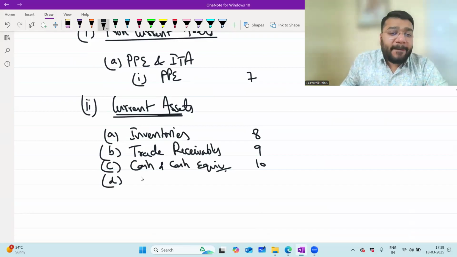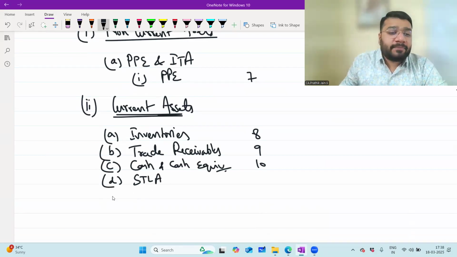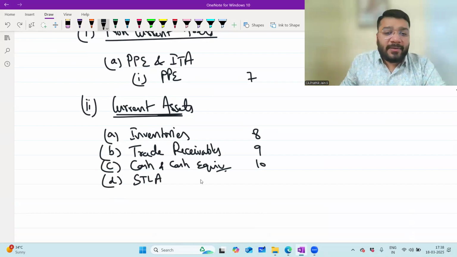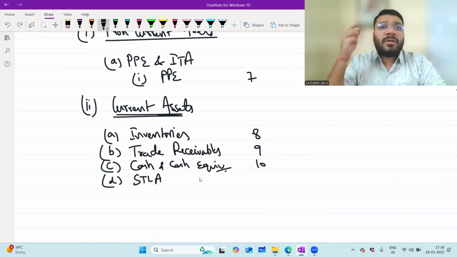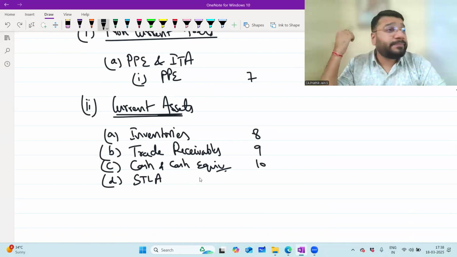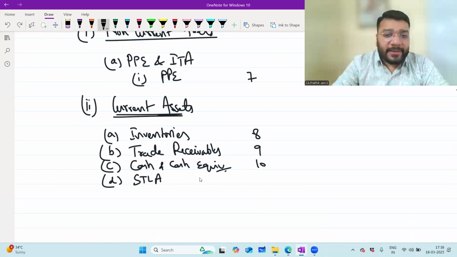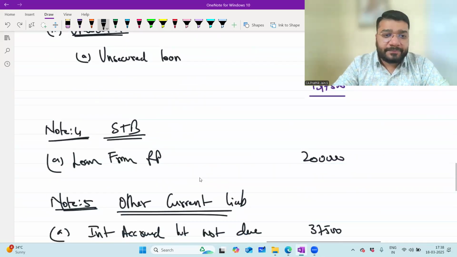D. Short-term loans and advances, do we have? Yes. Then that's all. Other current assets is not there. Short-term loans and advances you can write directly. Also, only one item is there, or you can give a note. What have they written in the textbook? Directly they've written. So we also write it directly. Now note number 7. Note number 7.